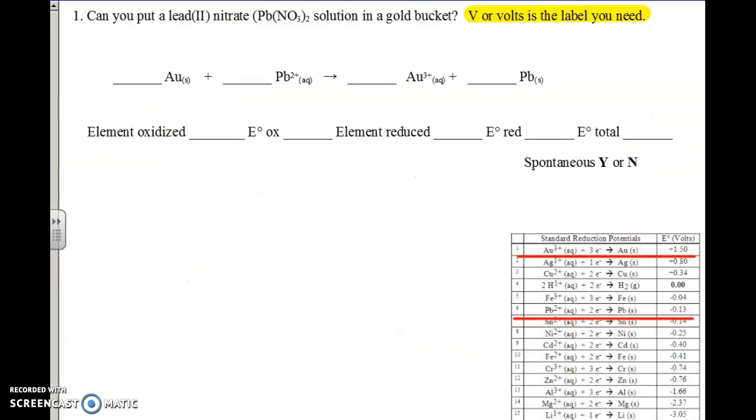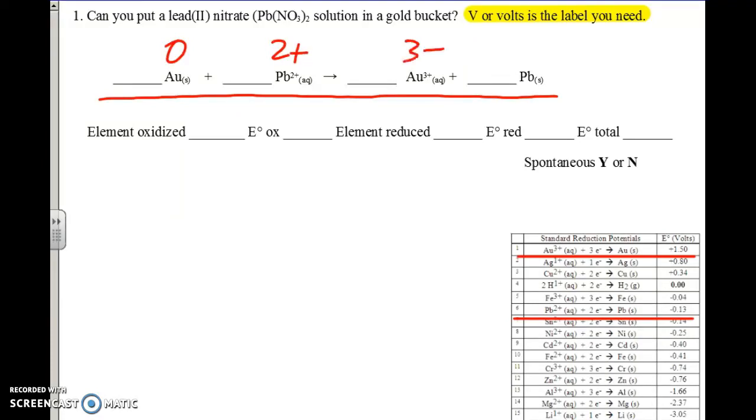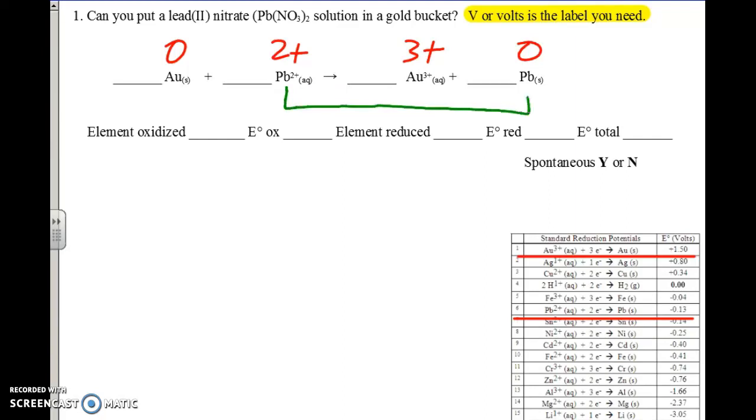So here we go. Here's where we're going to teach you what's going on. So we have our reaction right here. We're going to treat it just like we always have. We're going to put oxidation numbers on top. There's 0, 2 positive, a 3 positive, and a 0. We do our brackets then. So this one is reduced.